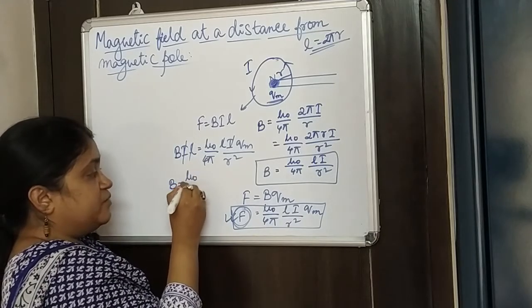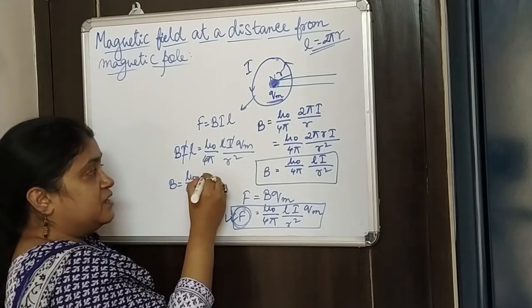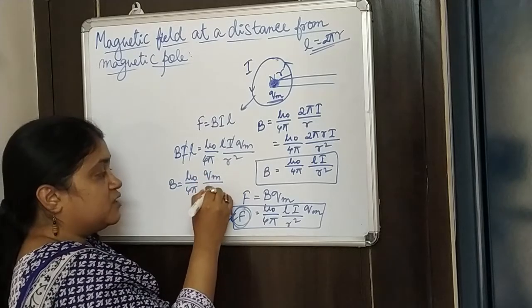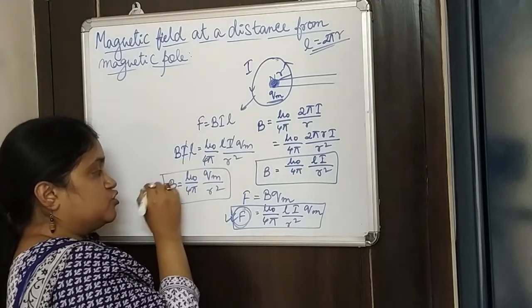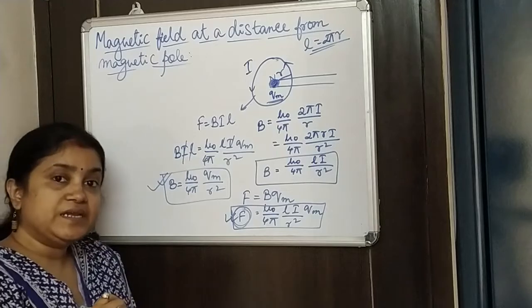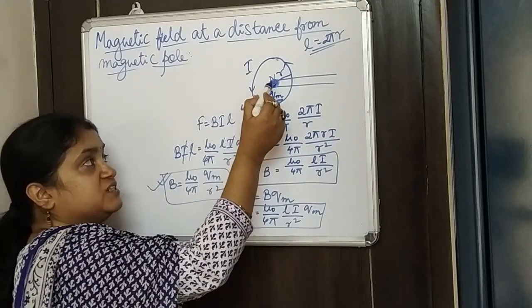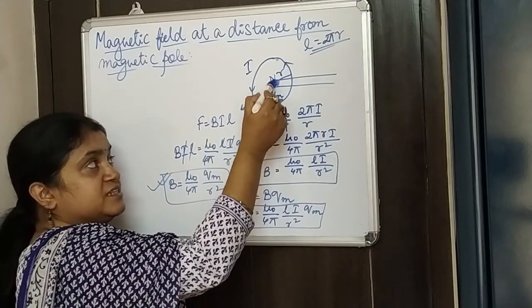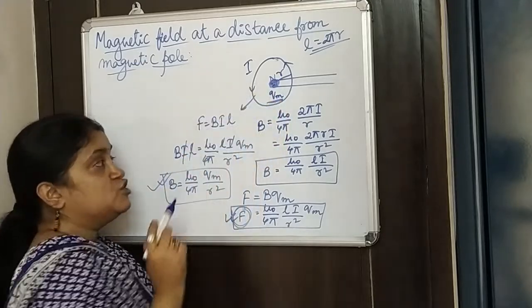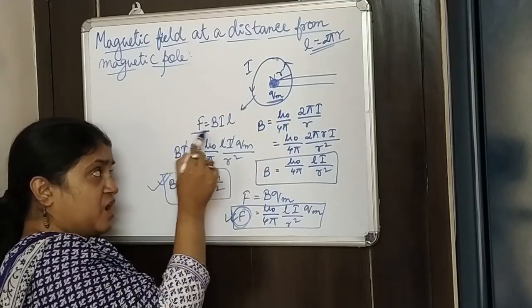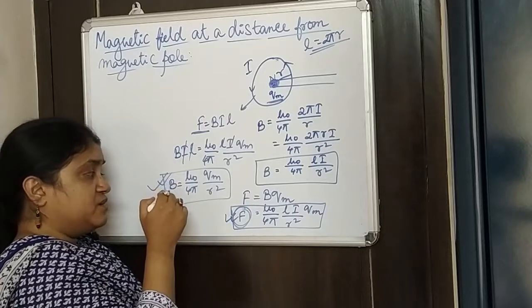B will be mu naught by 4 pi Qm by R square. So this is the calculated magnetic field due to this particular pole. How did we calculate this magnetic field?